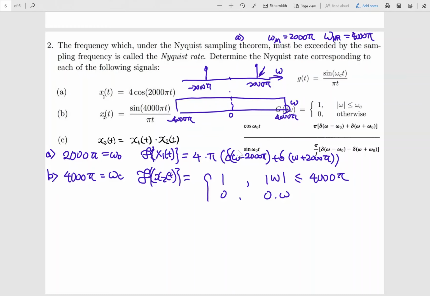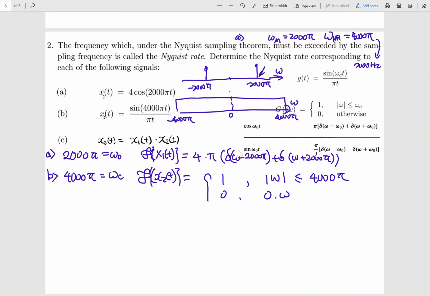So we can convert this angular frequency into real frequency in hertz, just by dividing by 2 pi. So this is the same as 2000 hertz. But here, angular frequency is fine.